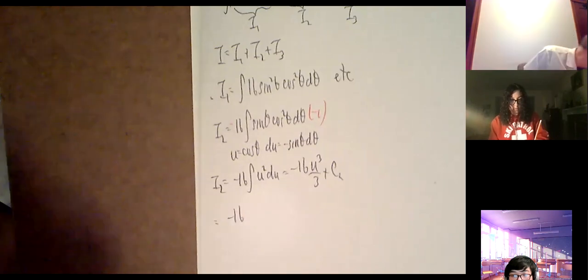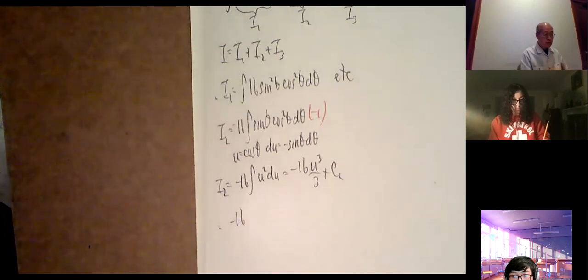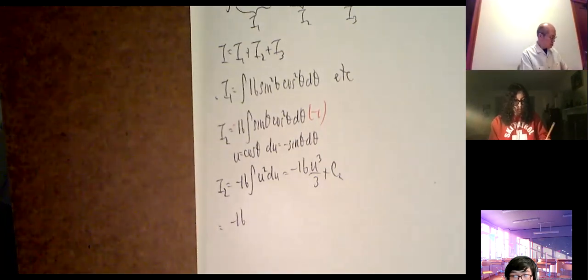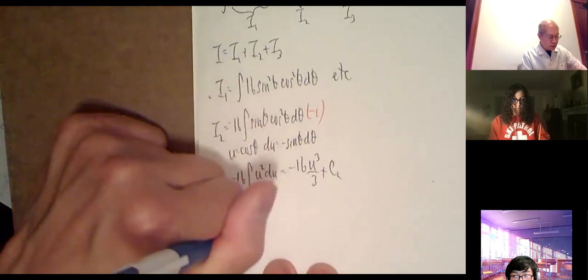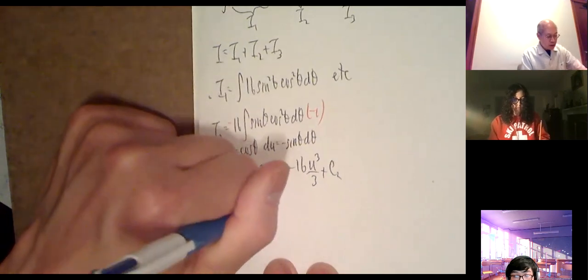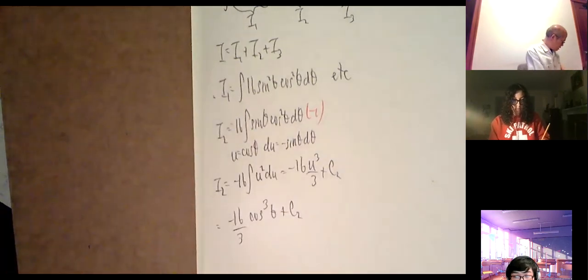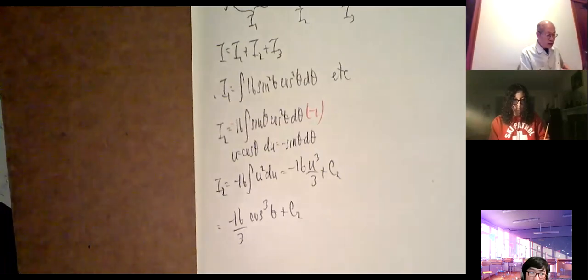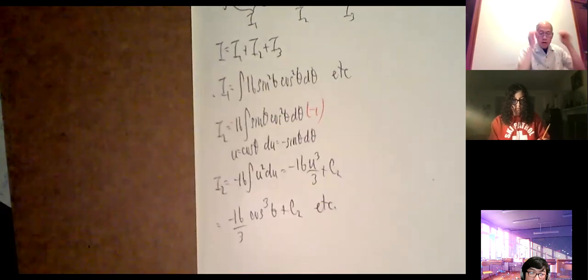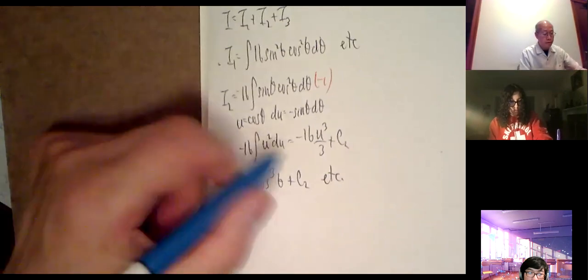What was the u? u was cosine theta, so negative 16 over 3 cosine cubed theta plus C2. And I'll just say et cetera from there. Because of time, I won't go on with that. But you have to do a triangle and keep going from there.